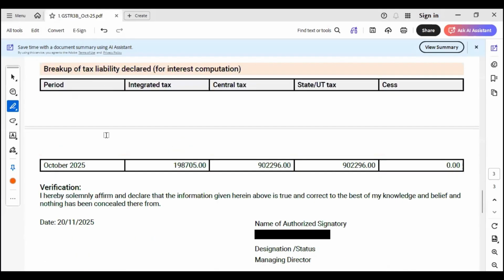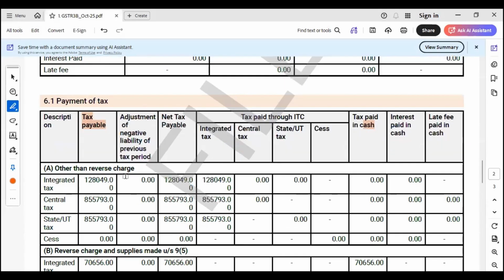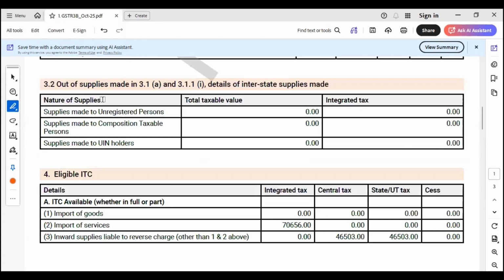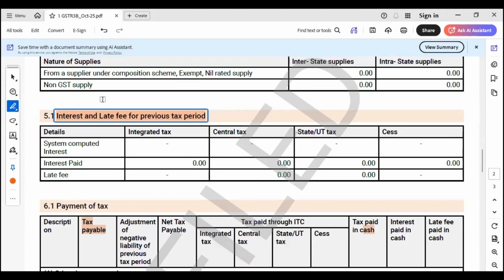Breakup of liability declared. My IGST, CGST, SGST, that liability is getting declared. From the MIS point of view, this table 6 is something where the system is designed to automatically pick up IGST, CGST, SGST. We need not break our head. Automatically the data is captured here for payment of taxes. So this is something which we need to understand. Populated after filling those columns. Yes. Like ECR. 3 is auto-populated from GSTR1. 4 is auto-populated and there is a manual part I have to fill.